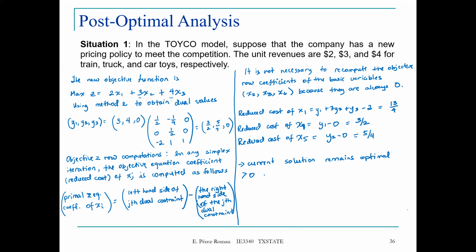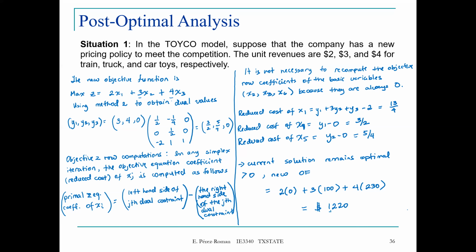The new objective function value is going to be equal to 2 times 0 plus 3 times 100 plus 4 times 210, which is equal to $1,220, which is not better than the original objective function.